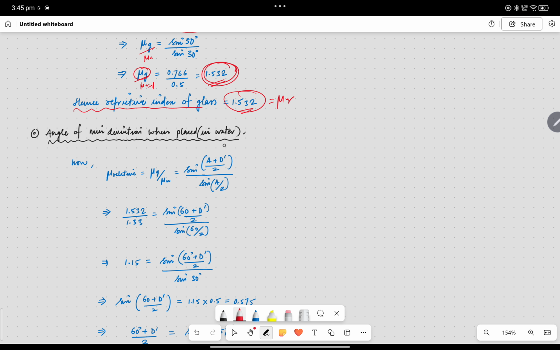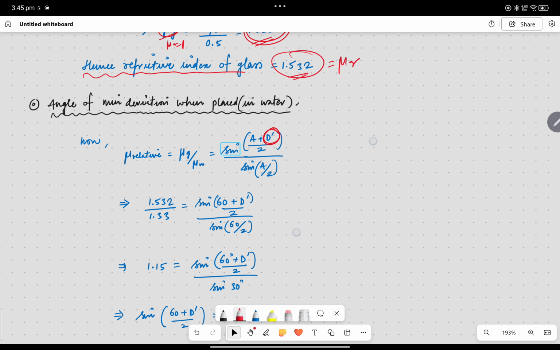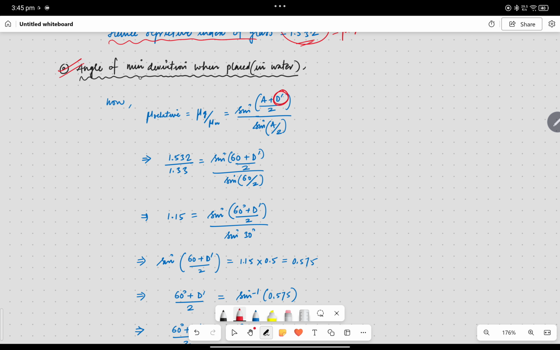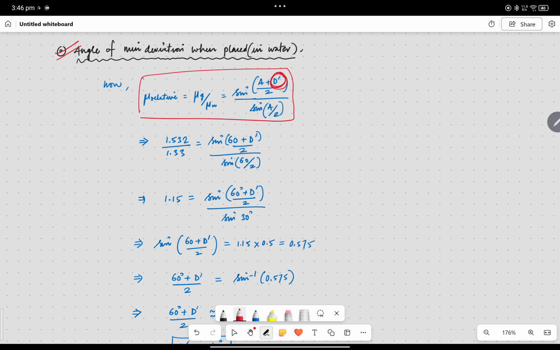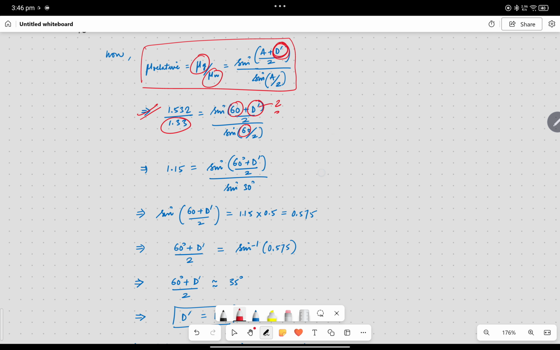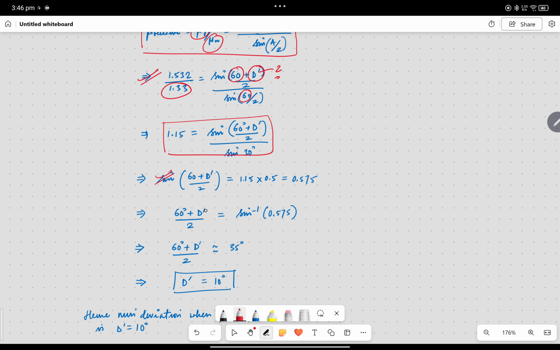Now you can calculate the deviation that you get when situating the prism in water, right? Simply, you have to calculate the angle of minimum deviation when placed in water. You have to use the same formula again, but here the minimum angle of deviation is going to change. You put the value of mu g as 1.532, then put the value of mu water, and the value of A, and calculate D, right? By putting in all the values and calculating, you get a sine inverse.